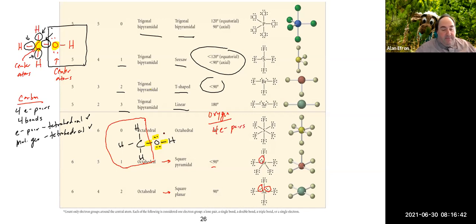In terms of bonds, we would have 1 bond there, and we would also count the bond going into the carbon, and that would be 2 bonds. So for the oxygen here, the electron pair geometry would still be tetrahedral. But now, because there are only two bonds and we have those non-bonding electrons, the molecular geometry would be bent or V-shaped.